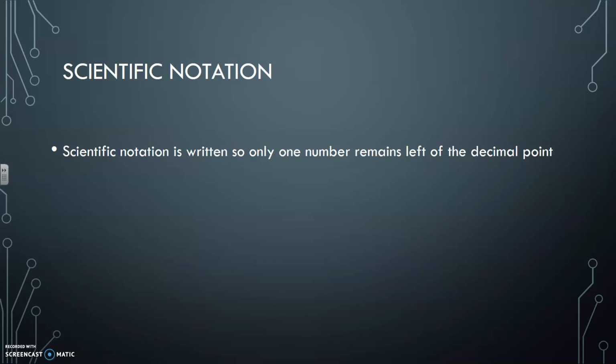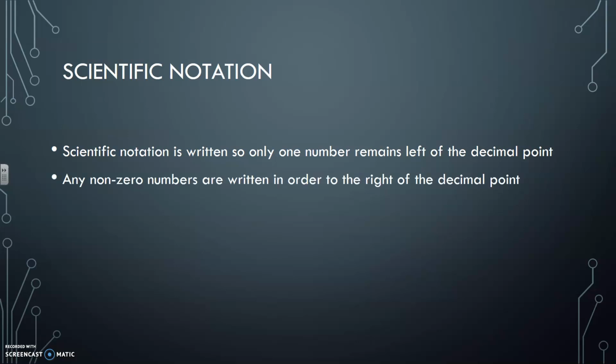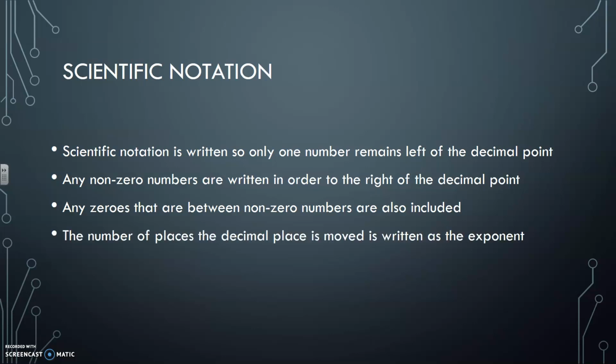It can't have more than one digit to the left of the decimal point. Any non-zero numbers are written in the order that they originally appeared to the right of the decimal point. If you have trailing zeros left at the end, you don't have to include them. Any zeros that are between non-zero numbers have to be included. They are placeholders.